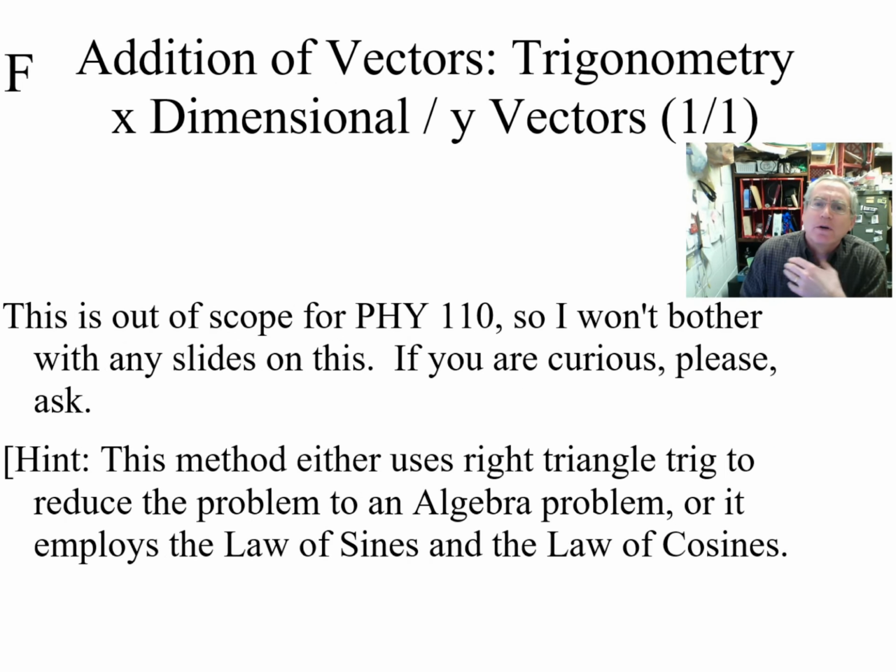Now the trig, we're not going to do a lot with the trig. So if you're curious, there's another video with addition of vectors where I actually get into some of the trig of it, and so I recommend that you look at that. It should be in the list because the first part of it definitely is within scope of the first 5 minutes or so. It's definitely within scope for Physics 110, and the rest of it is out of scope.